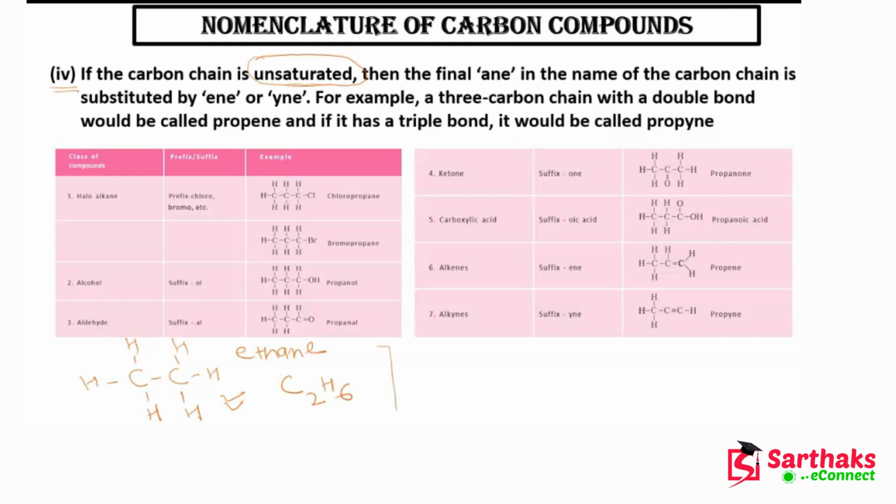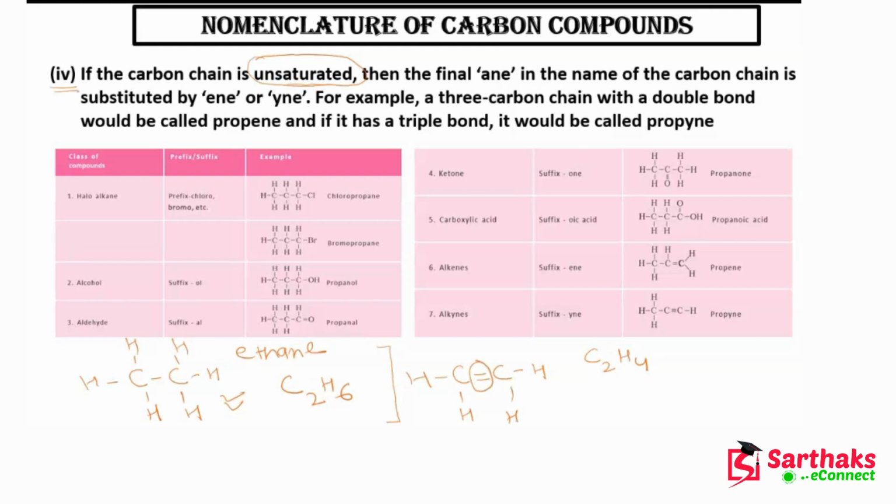But if I draw another structure, let's suppose this. Now guys, if you count the number of carbon, that is 2. If you count the number of hydrogen, that is for C2H4. So basically here you can see that there is a double bond.